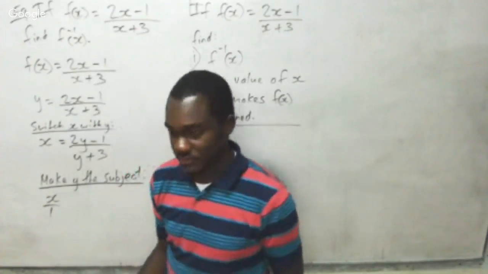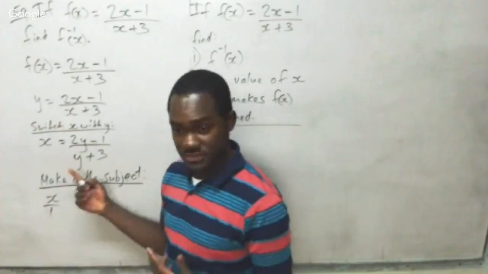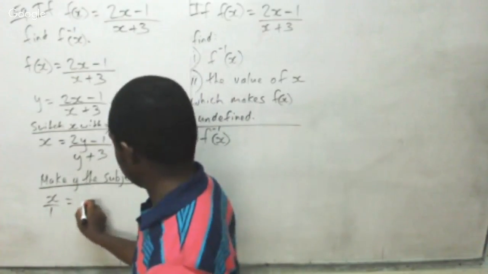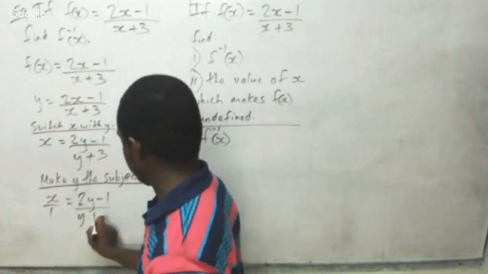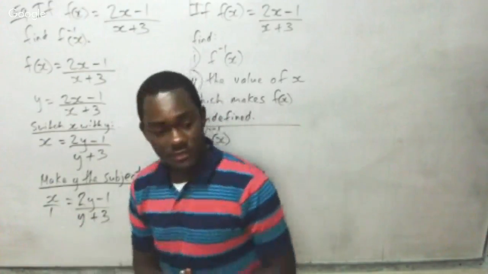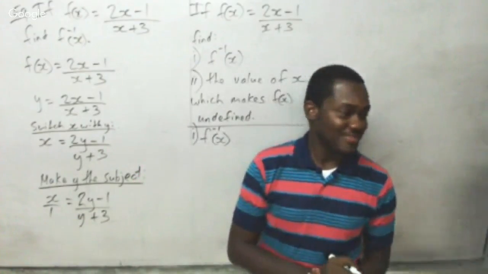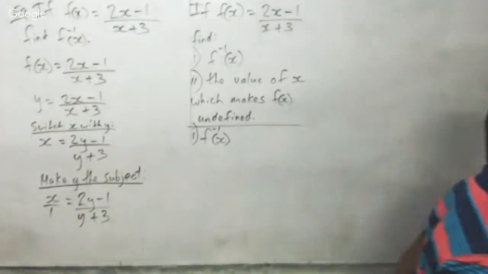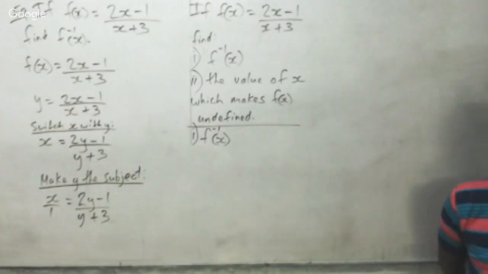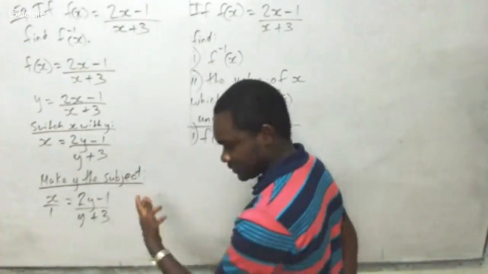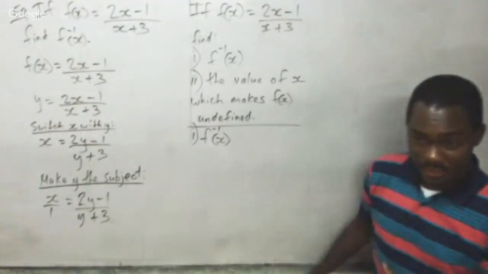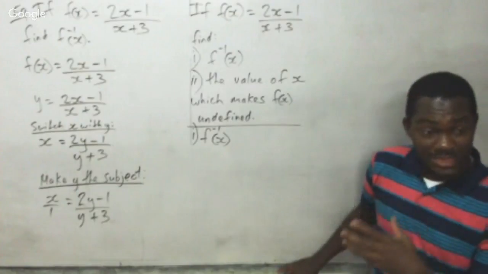Did we change anything? No, anything divided by 1 is the same thing. It's equal to now 2y minus 1 out of y plus 3. Yes, we're going to cross multiply. What is it we're doing for y? We're making y the subject, or in other words, we're transposing for y, meaning we need to get y by itself.